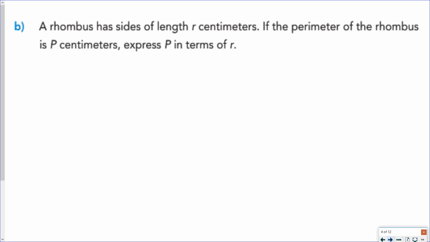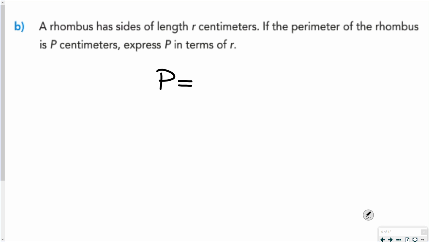So our next situation here, a rhombus has sides of length r centimeters. If the perimeter of the rhombus is p centimeters, express p in terms of r. So here we have that statement. And since it says p in terms of r, our equation will start as p equals. Now a rhombus is special because a rhombus has 4 congruent sides. And to find perimeter, you add the side lengths. So you would take the side length and add it to itself 4 times.